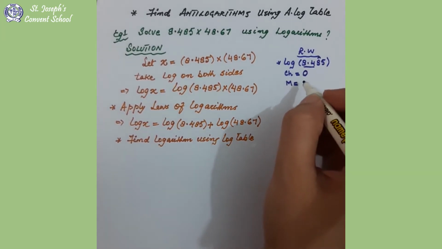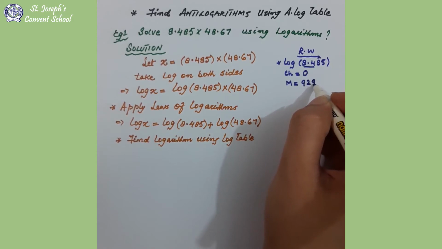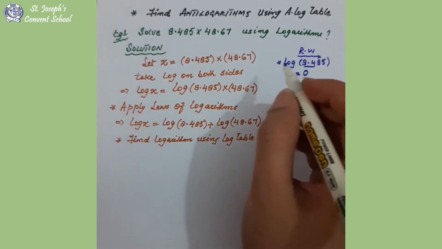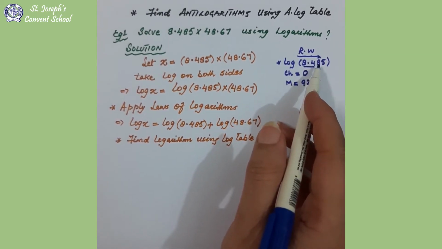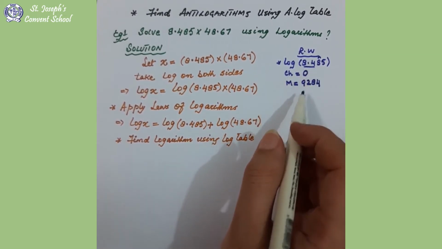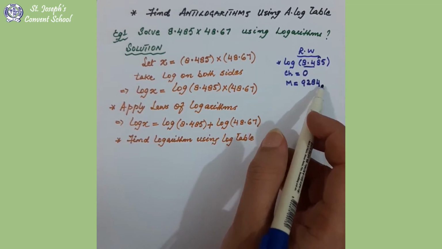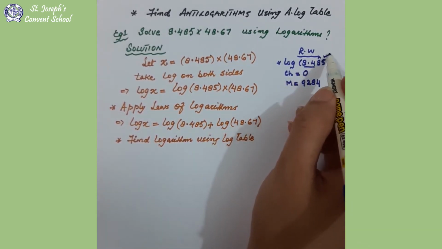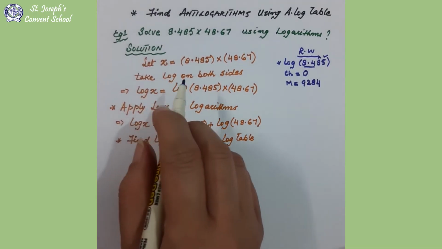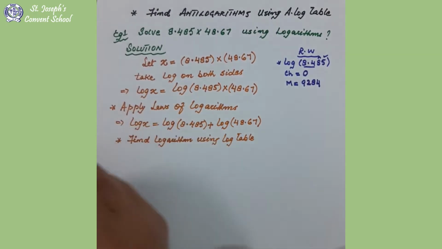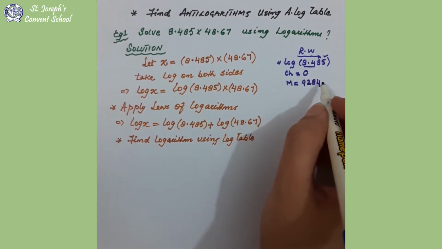So you will get the answer 9284. And this 5 you will check in the mean difference column. So the value of 5 in the mean difference column is 3. Check it in the log table, it is 3.